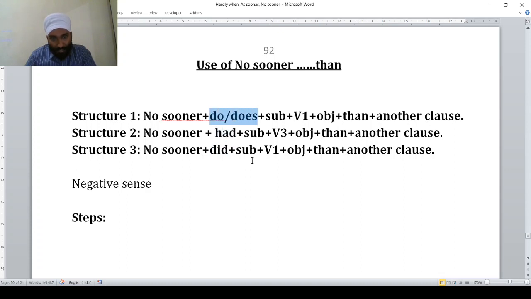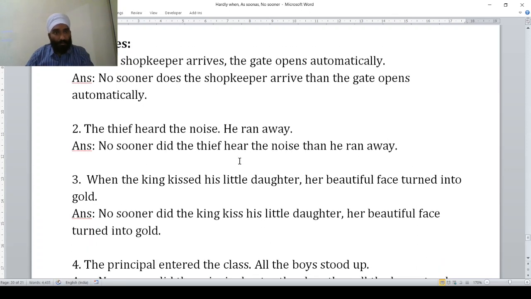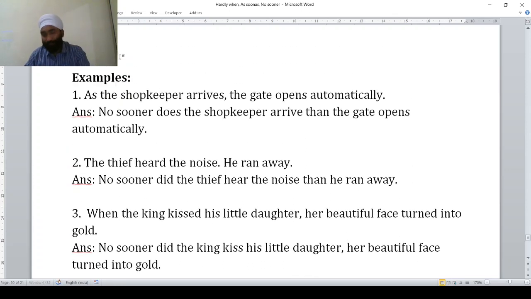These are just three structures shown for example. You may confront so many different types of sentences of different tenses. According to the tenses you have to use the helping verbs. Now we shall proceed to see the examples and how to convert sentences using no sooner than.